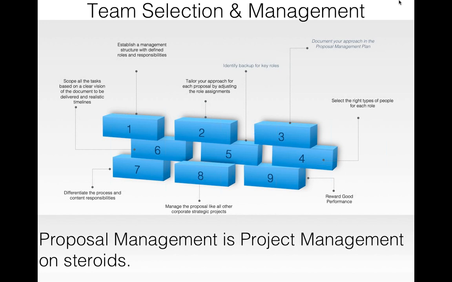So a documented proposal management plan will always help you in managing and controlling the proposal development process, as well as keep everybody who is a part of the proposal team aware of their roles and responsibilities, their deliverables, their schedules. So you need to prepare a proposal management plan and follow it.